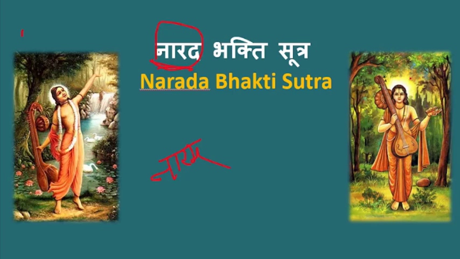In the same way, Daksha Prajapati sent his sons to Narada to get knowledge regarding how to do sasana, rajya abhisheka, the political and administrative system. Narada taught them, and all the sons became sannyasis.